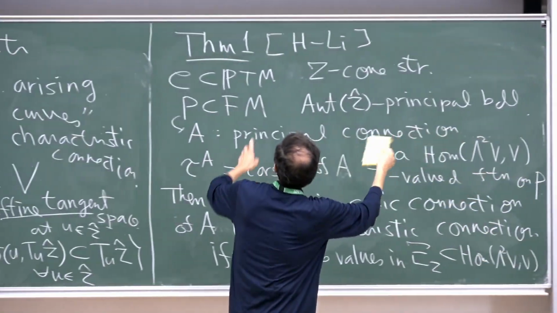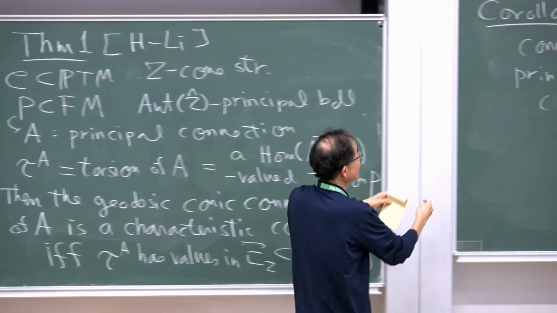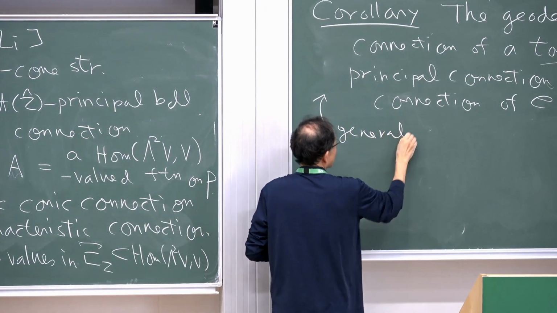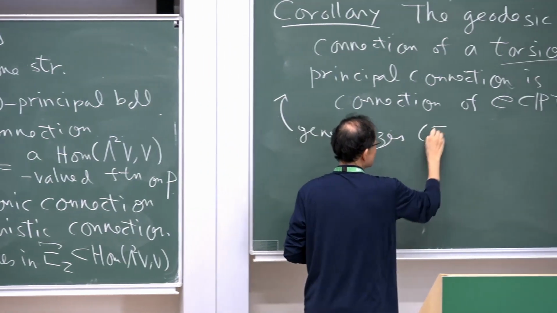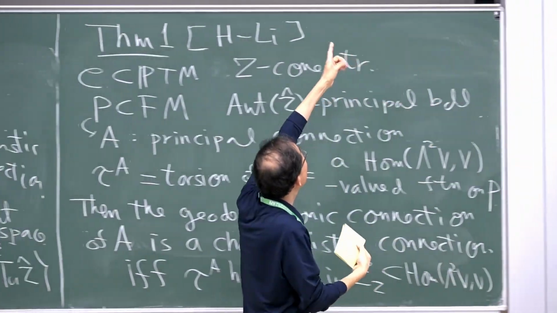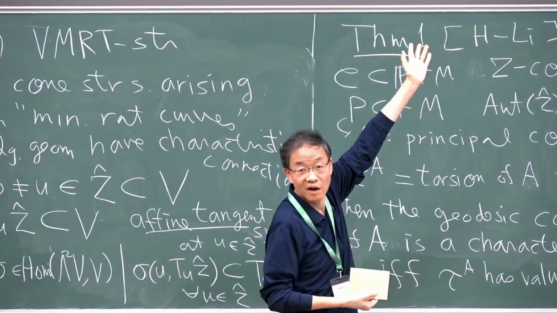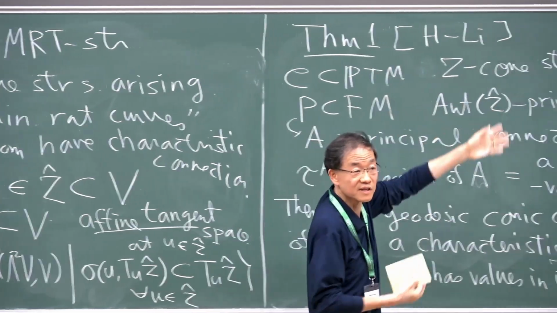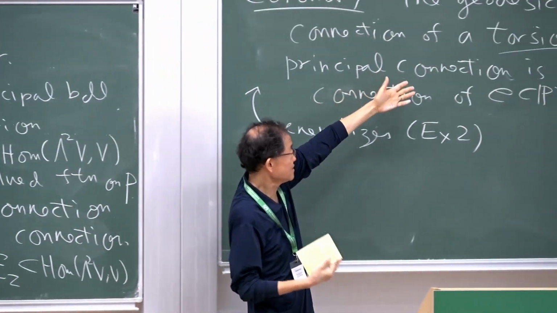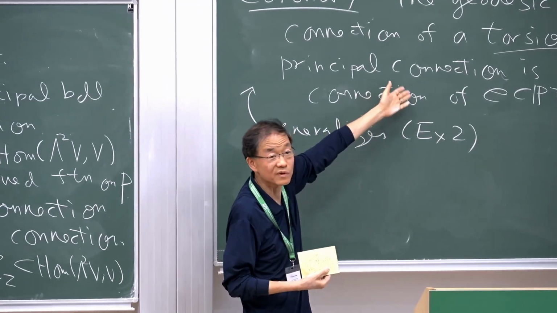And this generalizes example 2. Then the null geodesics of a Levi-Civita connection give a characteristic connection, and that's exactly because the Levi-Civita connection is torsion-free.